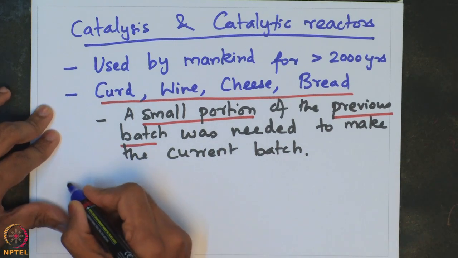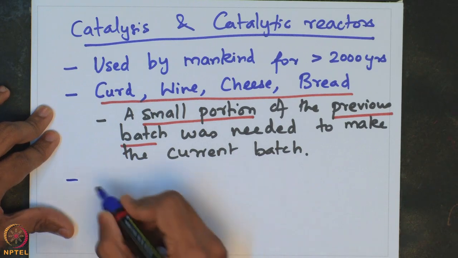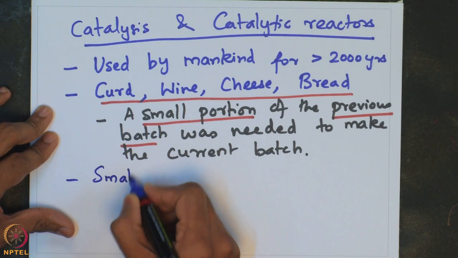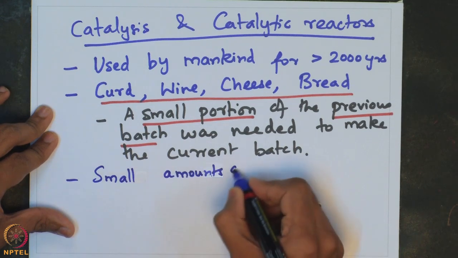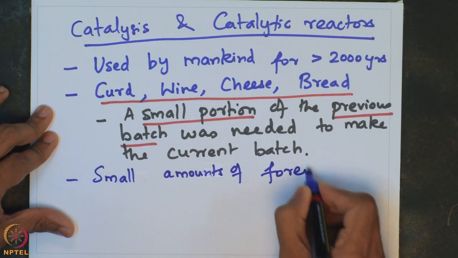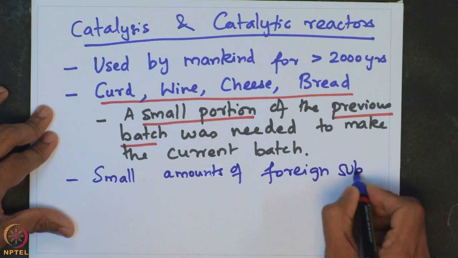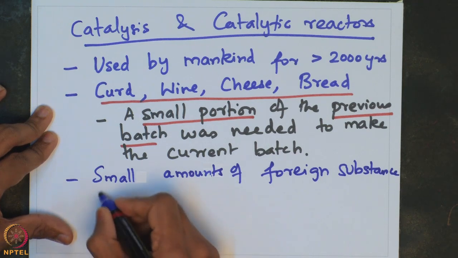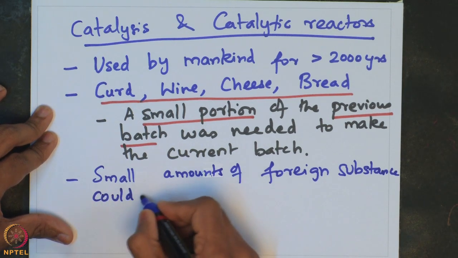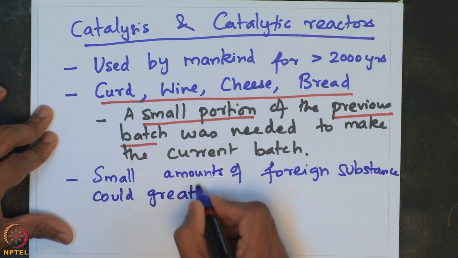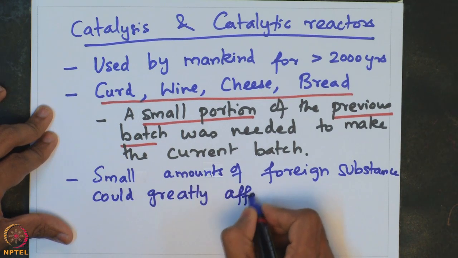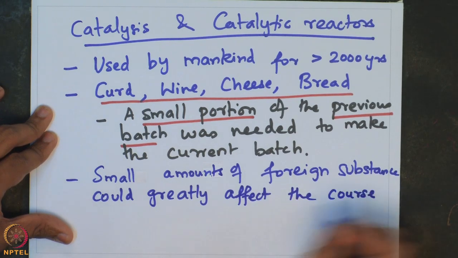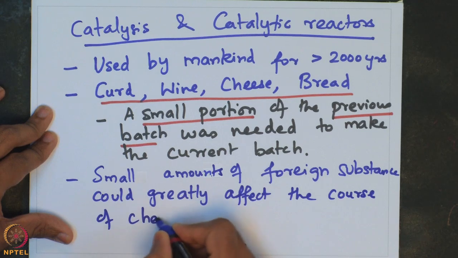So, in the late 1800s, it was observed that small amounts of foreign substance could greatly affect the course of chemical reaction.